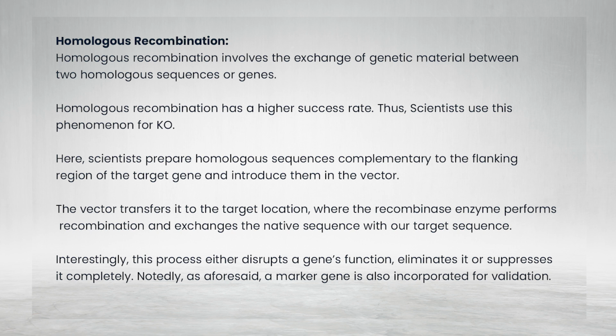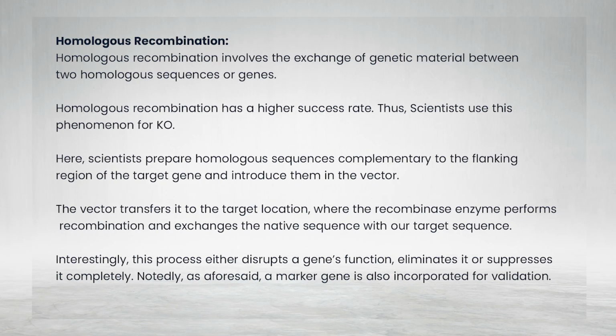Now, let us look at homologous recombination. Homologous recombination involves the exchange of genetic material between two homologous sequences or genes. Homologous recombination has a higher success rate. Thus, scientists use this phenomenon for KO. Here, scientists prepare homologous sequences complementary to the flanking region of the target gene and introduce them in the vector.